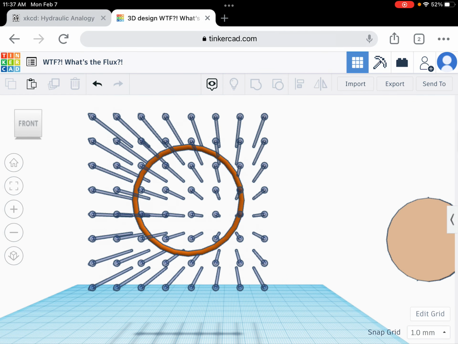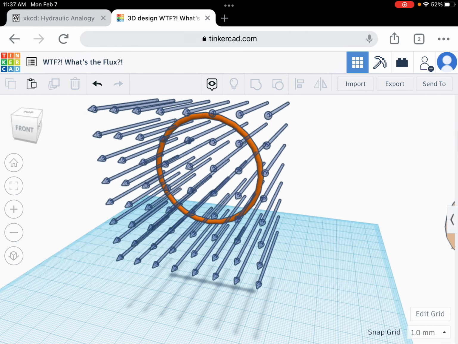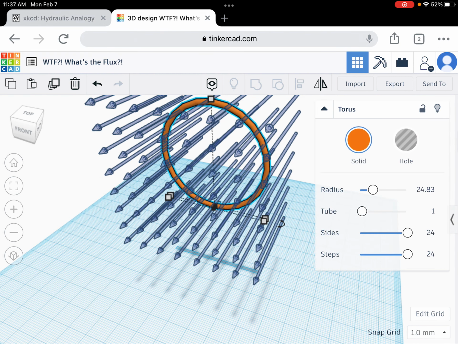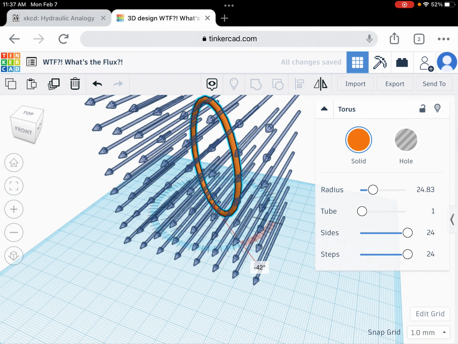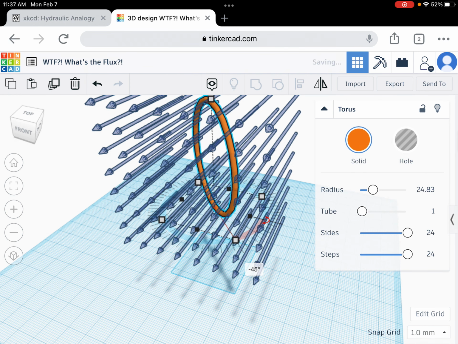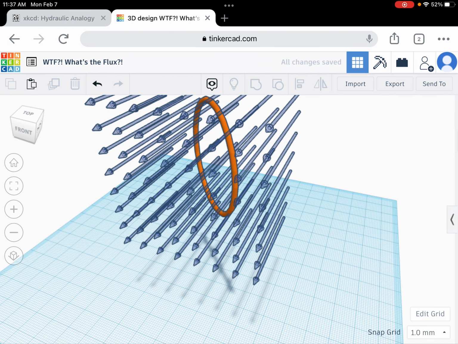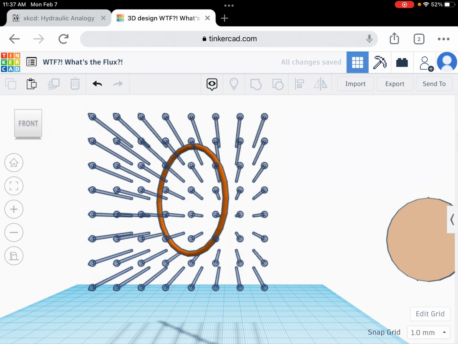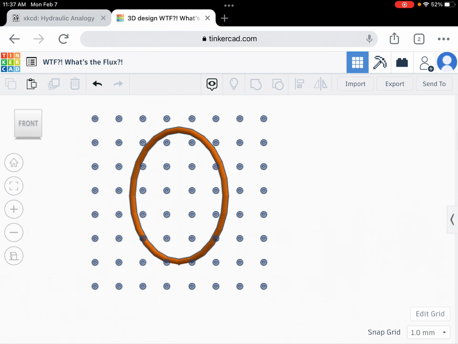But another feature that I want to take a look at that's also important to recognize is how the orientation makes a difference. And so this ring here, if I were to change the orientation of it, right, if I were to rotate it by 45 degrees, right, relative to the magnetic field, then again, when I look at it from the front, it's now got a smaller profile from the front view.